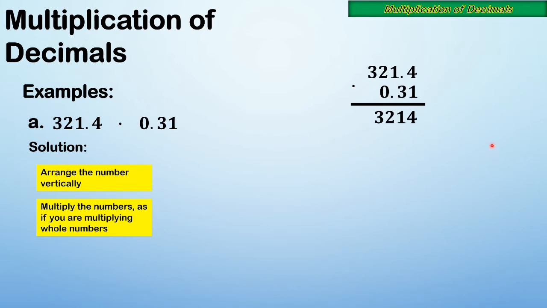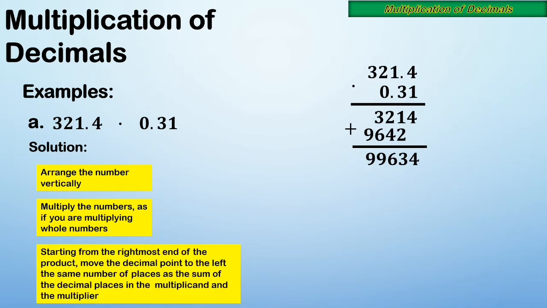Next, 3 times 4, 3 times 1, 3 times 2, then 3 times 3. Then add. Those are the rules. The answer is 99634.